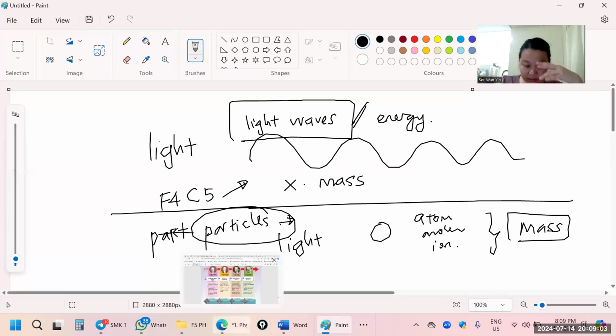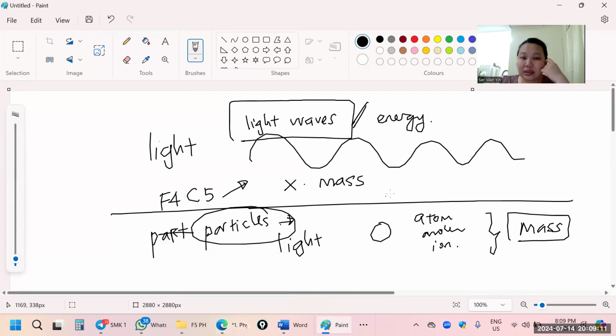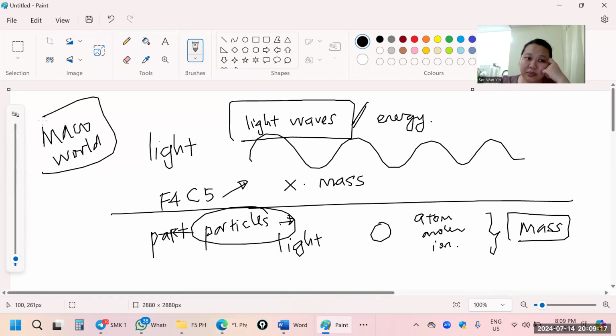So we say quantum physics is most of the time opposite to classical physics. Classical physics means the macro world, something not so directly talking about atoms or molecules or particles.